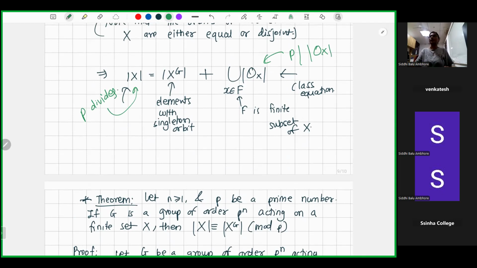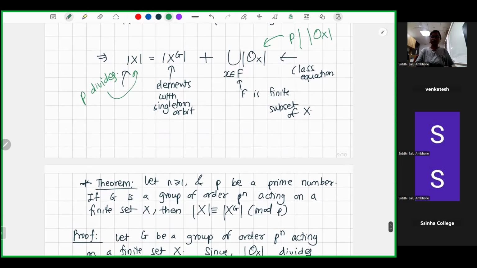So since these two are equal, under congruence we can get rid of this one, and I will get this congruent to this mod p, because this is p into something.